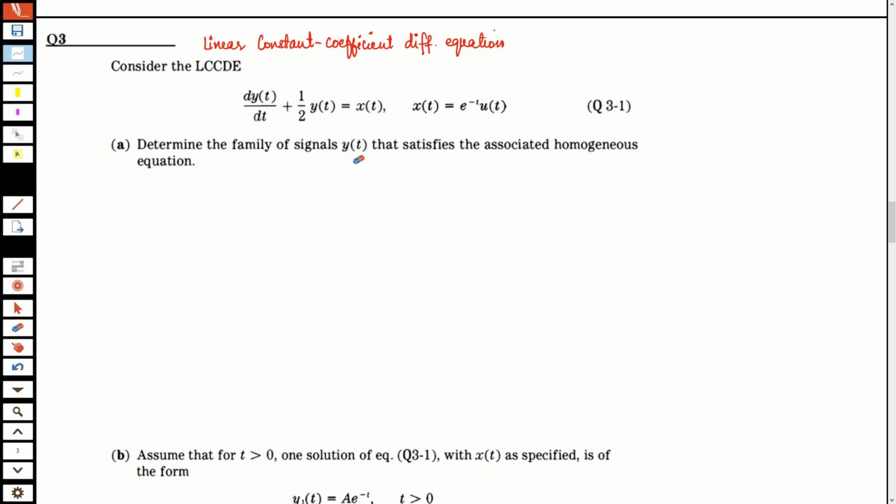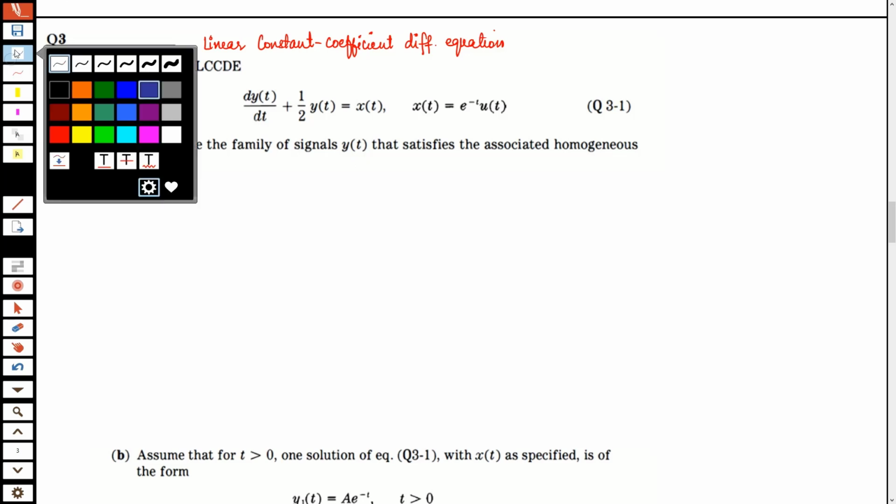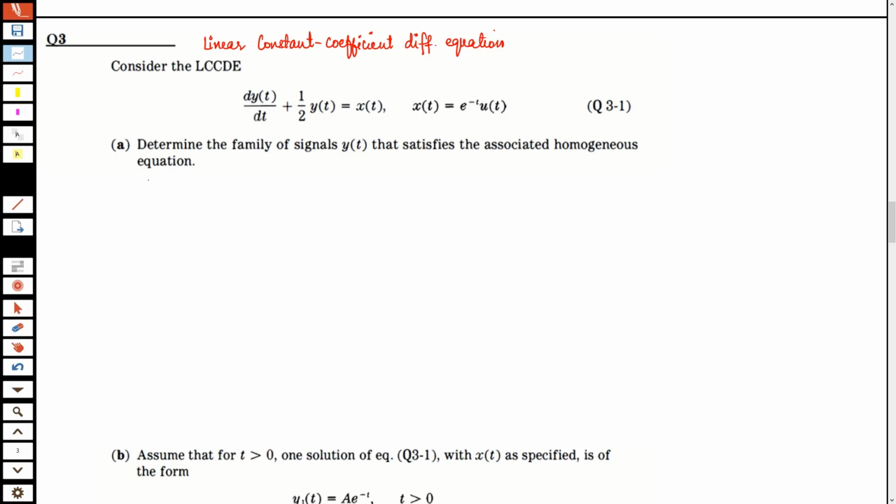So how do we approach such questions usually? For such questions, we'll start with the assumption. We will say, let us assume that y(t) is of the form a e to the power alpha t, right? And then we substitute this y(t) in this equation, which is known to us.